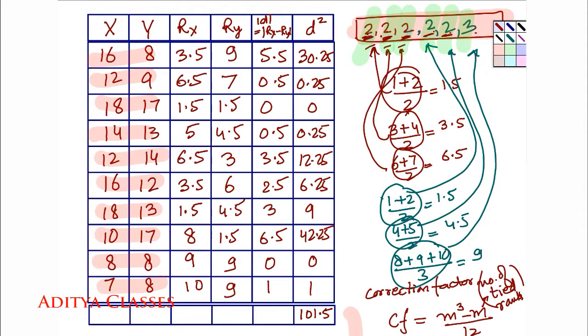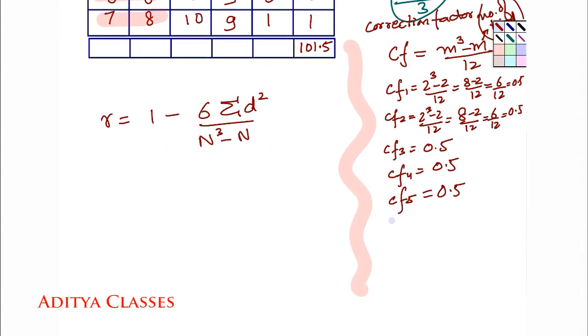We had 5 correction factors of size 2, and then the last one is of size 3, the sixth correction factor, CF6. That is 3 cube minus 3 upon 12, or 27 minus 3 upon 12, or 24 upon 12, or 2.